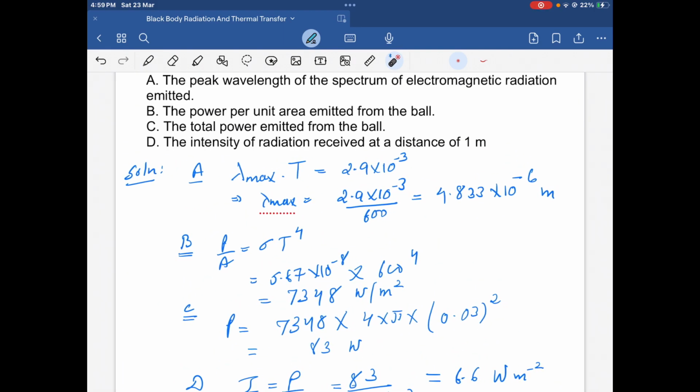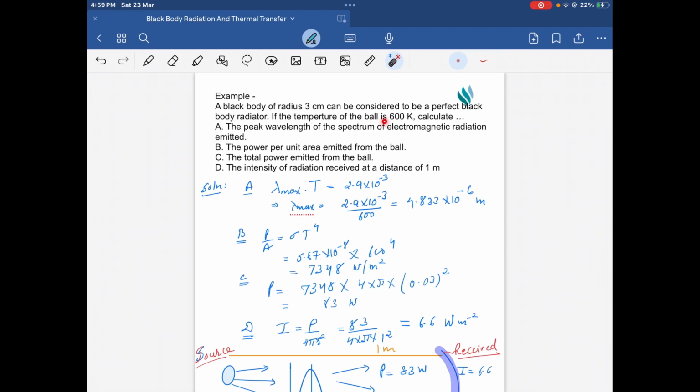Lambda max, again I repeat, is not the maximum wavelength, but the wavelength at which the intensity is maximum. So lambda max into temperature, 600 K. You plug in the value and calculate lambda max with this constant 2.9 into 10 to the power minus 3. This formula is there in our formula booklet. We just have to plug in the values.